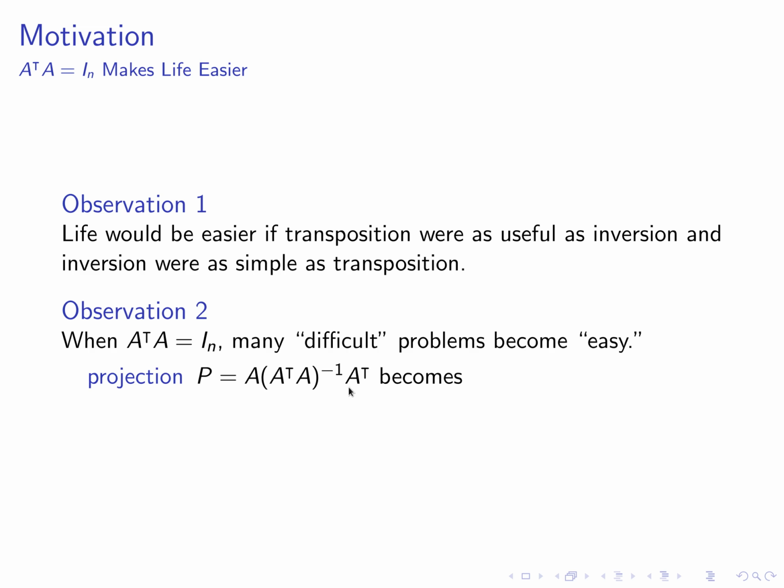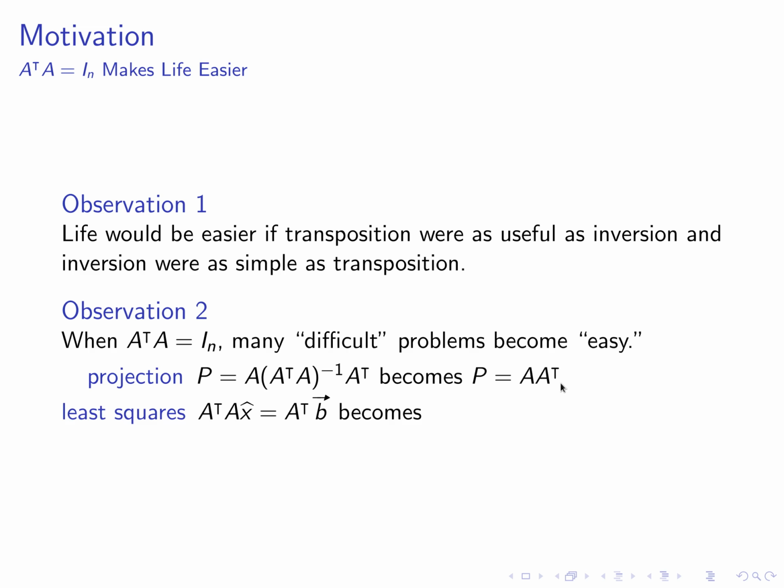So the projection formula simplifies dramatically when we know that the Gramian is the identity. So projection becomes P equals A times A transpose. So if we're lucky enough to be working with a matrix that has this special property, projection problems all of a sudden are much easier to solve.